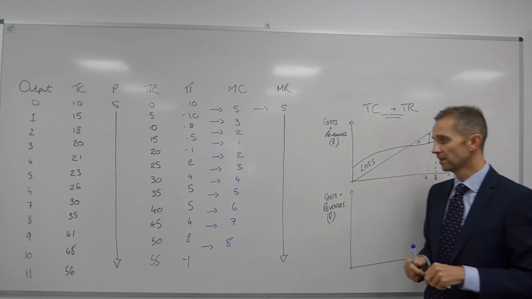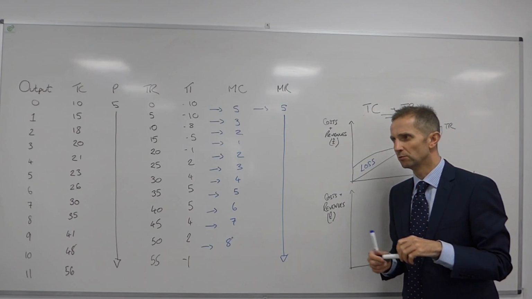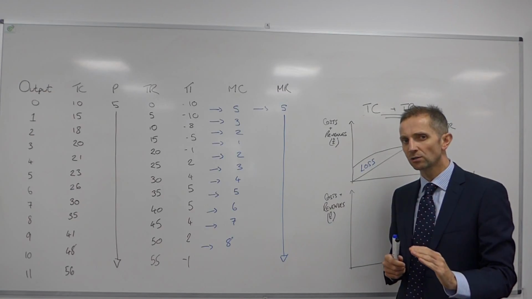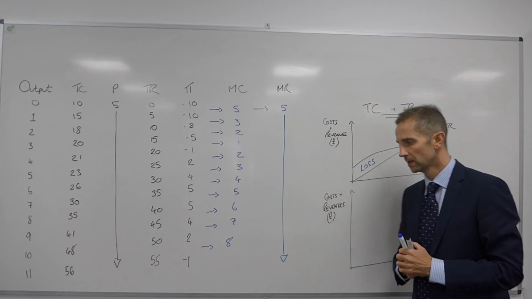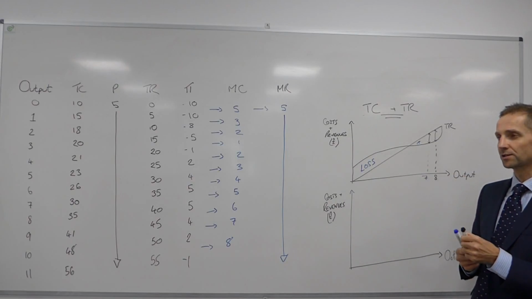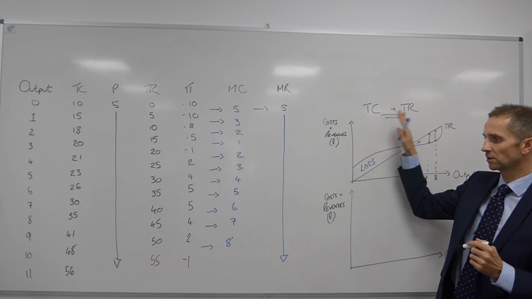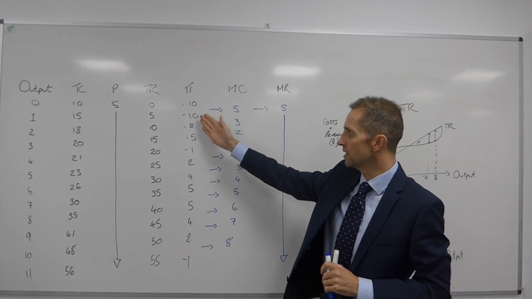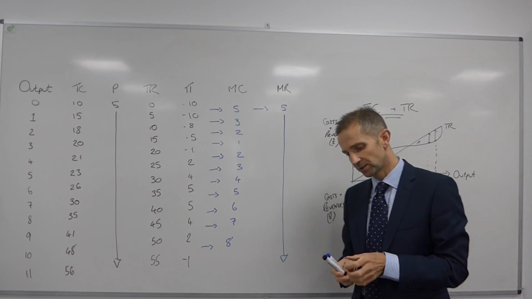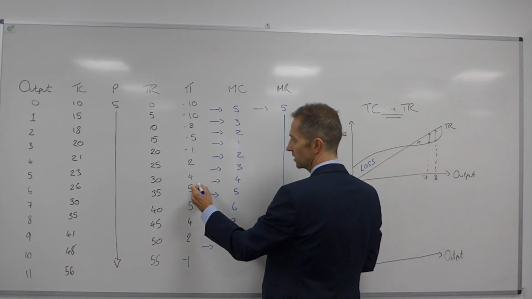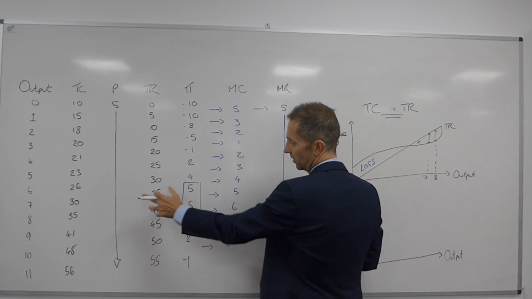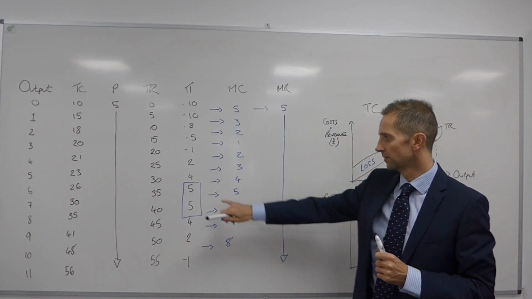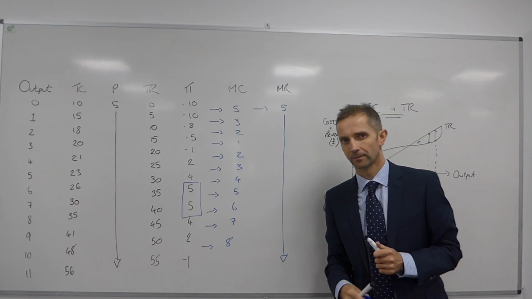Let's not forget, this profit maximising output rule states that firms maximise profit where marginal cost equals marginal revenue. Now, we don't have marginal cost and marginal revenue on this chart, we have total cost and total revenue. But we can look at the profit numbers and see where they're maximised. We can see here, ladies and gentlemen, that at outputs of 7 and 8, profit is being maximised at £5.